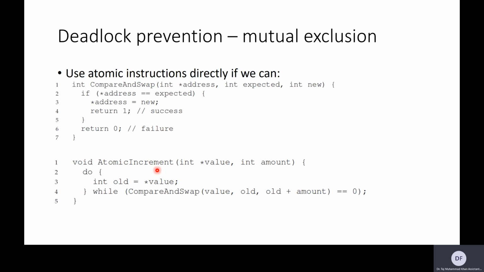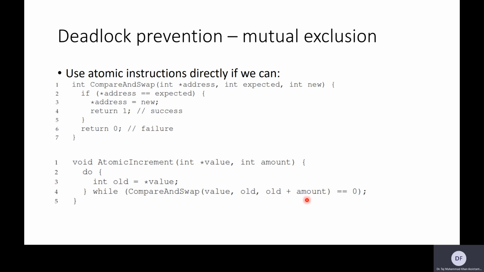That was because counter equals counter plus 1 was 3 instructions in assembly, and threads can be scheduled at any point, so it was causing a problem. This increment operation on a shared value, we can do with the compare and swap instruction. We give it the pointer, the address of the value, and then the old value, and the new value, which in our case should be old plus 1.